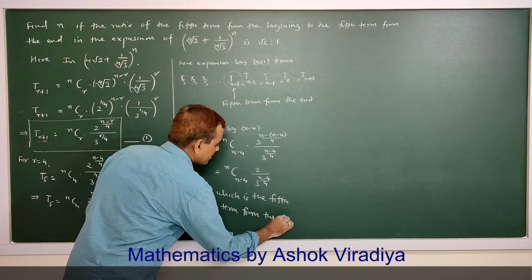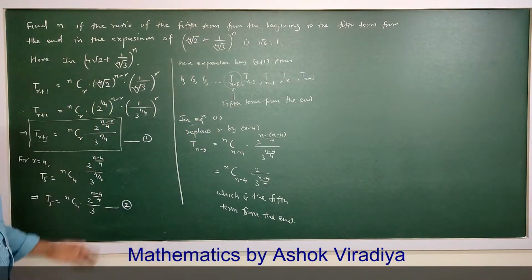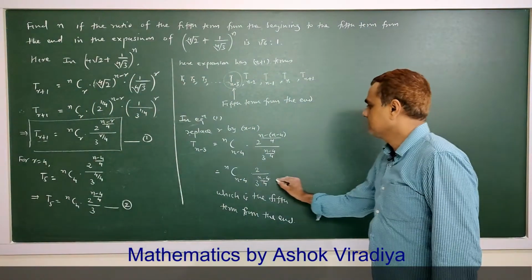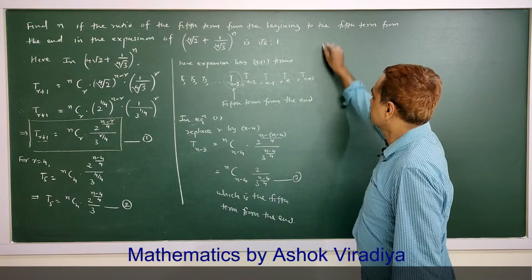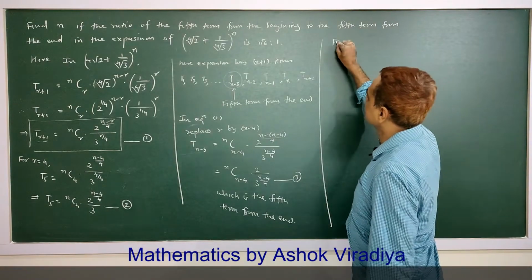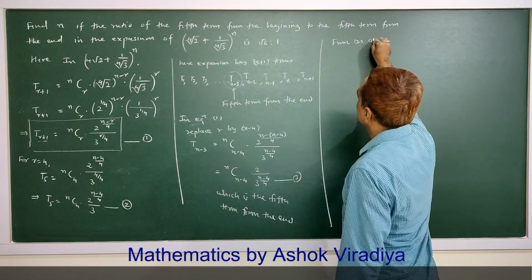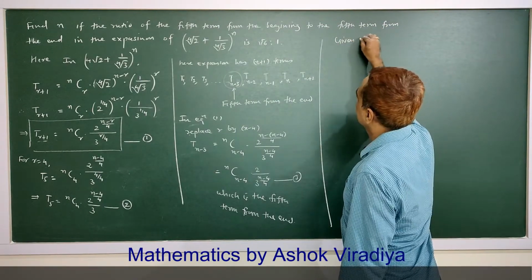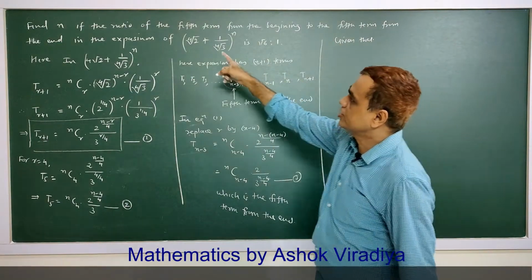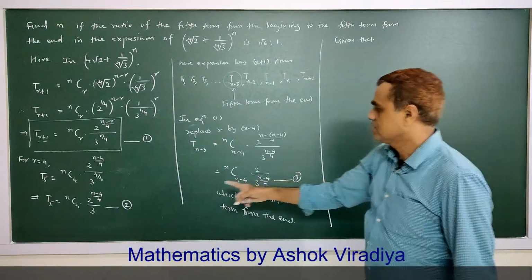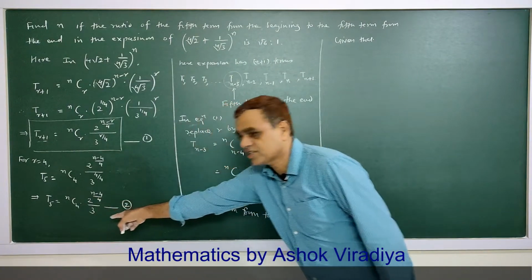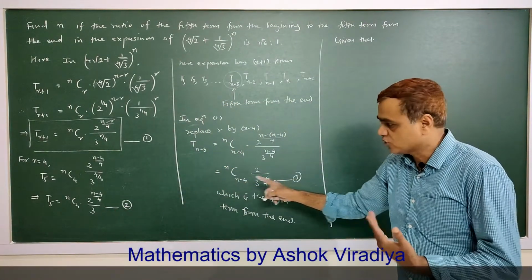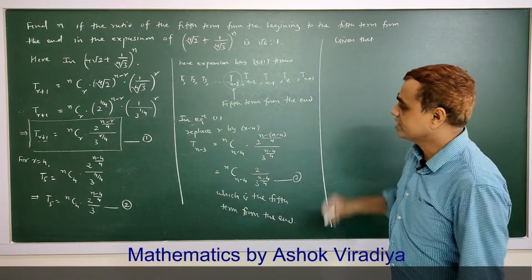From the end, its ratio is root 6 is to 1. Let me say this is 3. So from 2 and 3, we are given that the ratio of the fifth term from the beginning and the fifth term from the end is root 6 is to 1.